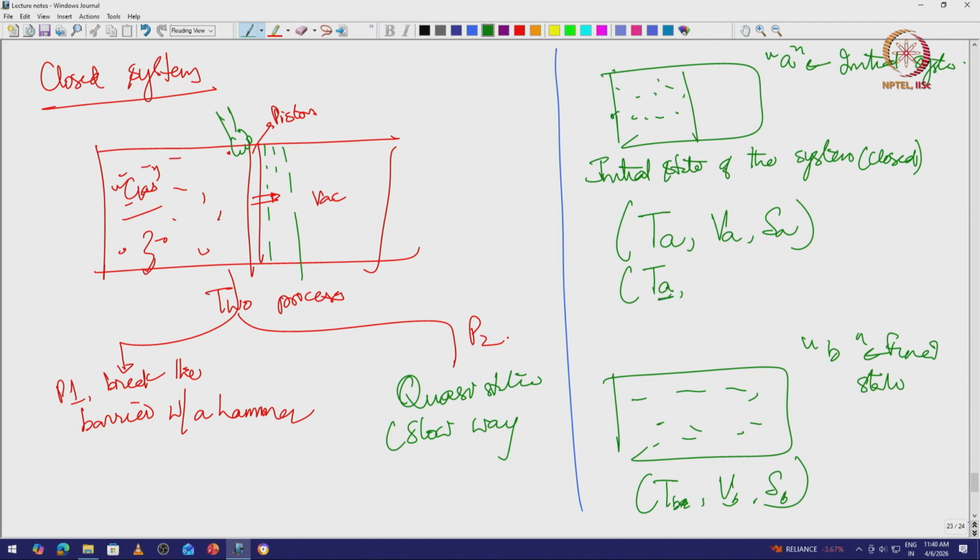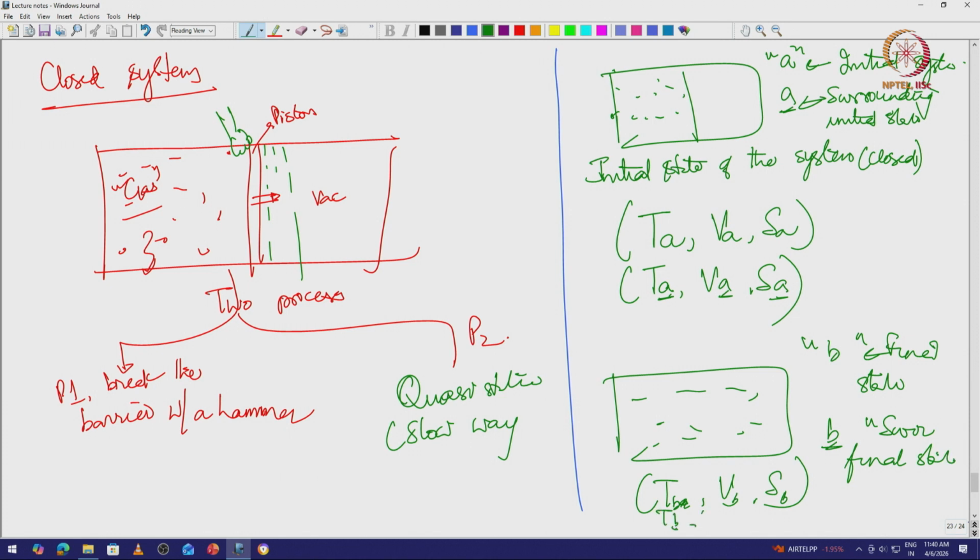If they are in equilibrium, T A equal to T A bar, V A bar, S A bar for the surrounding initial state, and B bar is again the surrounding final state. I am going to say T B bar, V B bar, S B bar.